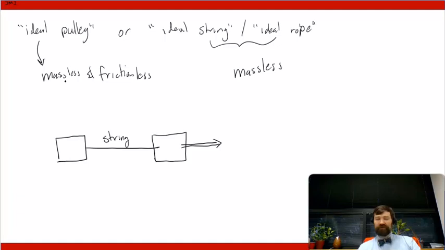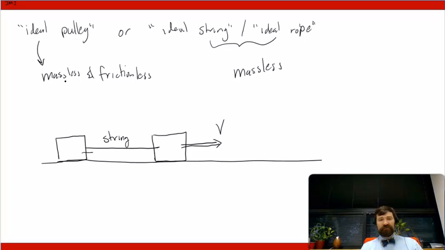We're assuming, of course, that I'm pulling hard enough that I've overcome any kind of friction. So the object begins moving. And from experience, we know that if this object starts to move with some speed v, that if we do it gently enough, this one will also start moving with the same speed v. In other words, the string links the two of them together so that they kind of move together.